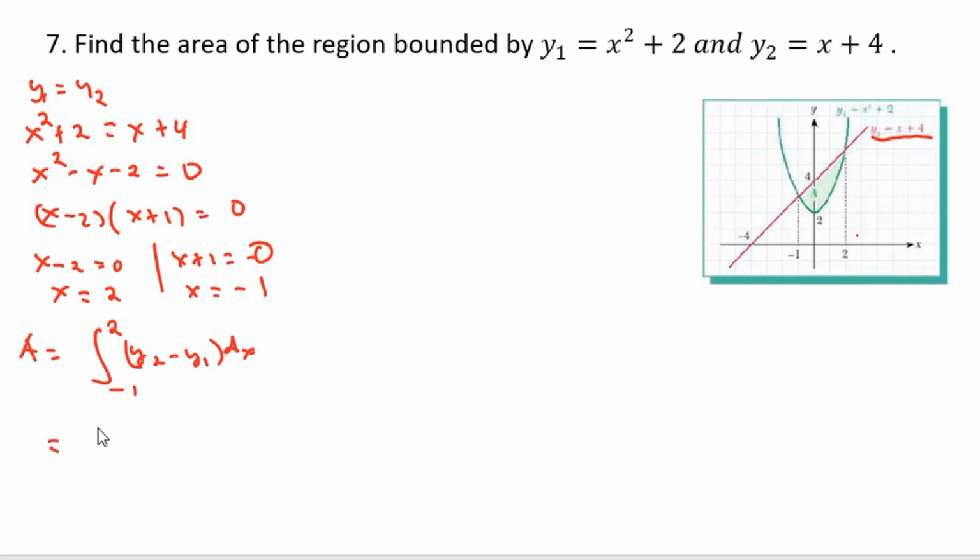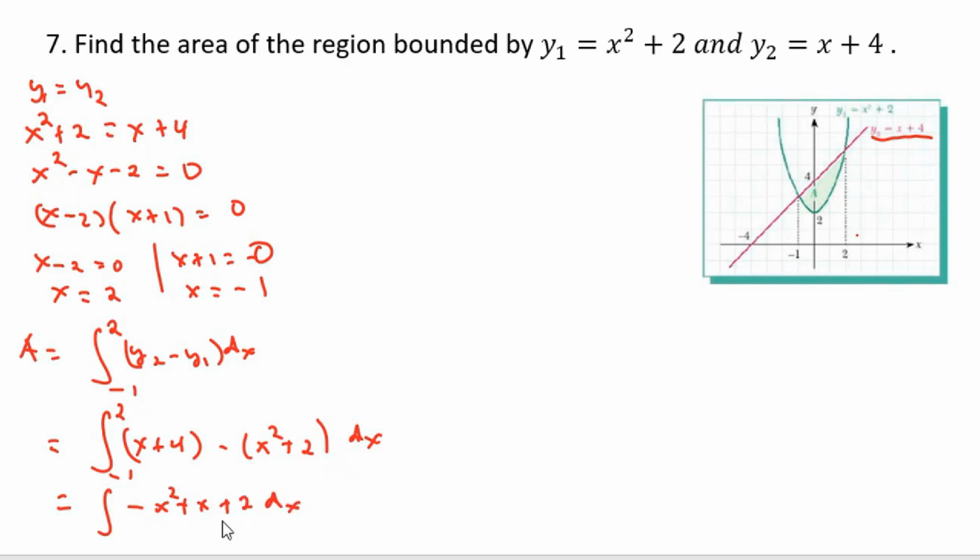By substitution, we have the integral of our y sub 2, which is x plus 4, minus x squared plus 2, of dx, evaluated from negative 1 to positive 2. And by simplifying that, we now have the integral of negative x squared plus x plus 2 of dx, with the interval of negative 1 to positive 2.